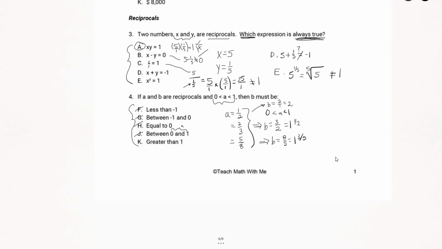So J's out. Greater than 1? Yes, all these values. 2 is greater than 1, 1 1/2 is greater than 1, 1 3/5 is greater than 1. K is our answer choice because we went from a proper fraction to its reciprocal being an improper fraction, which makes it greater than 1. Answer choice K.